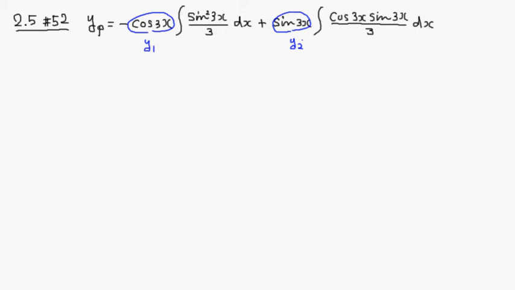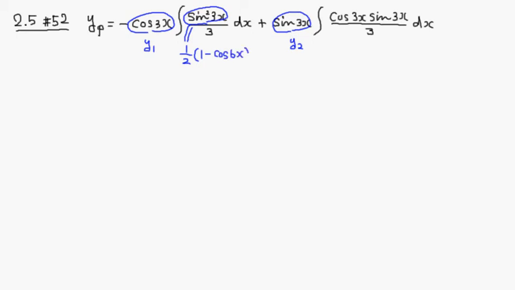The first thing we need to do is use a trig identity to rewrite the sine squared of 3x. Remember that the sine squared of 3x can be rewritten as 1/2 times 1 minus cosine of the double angle, so it's 6x.